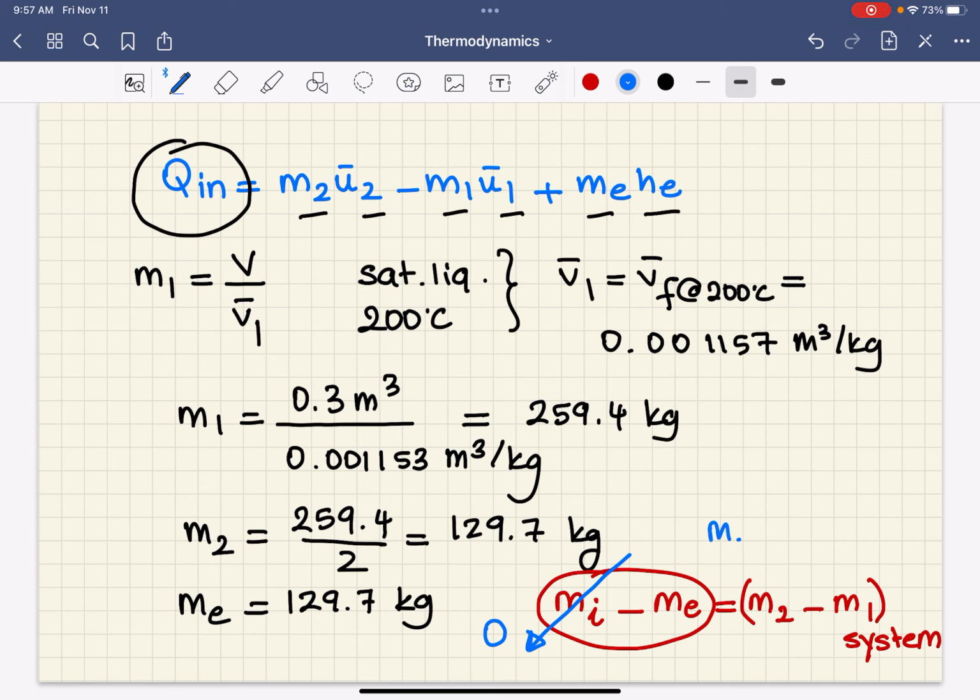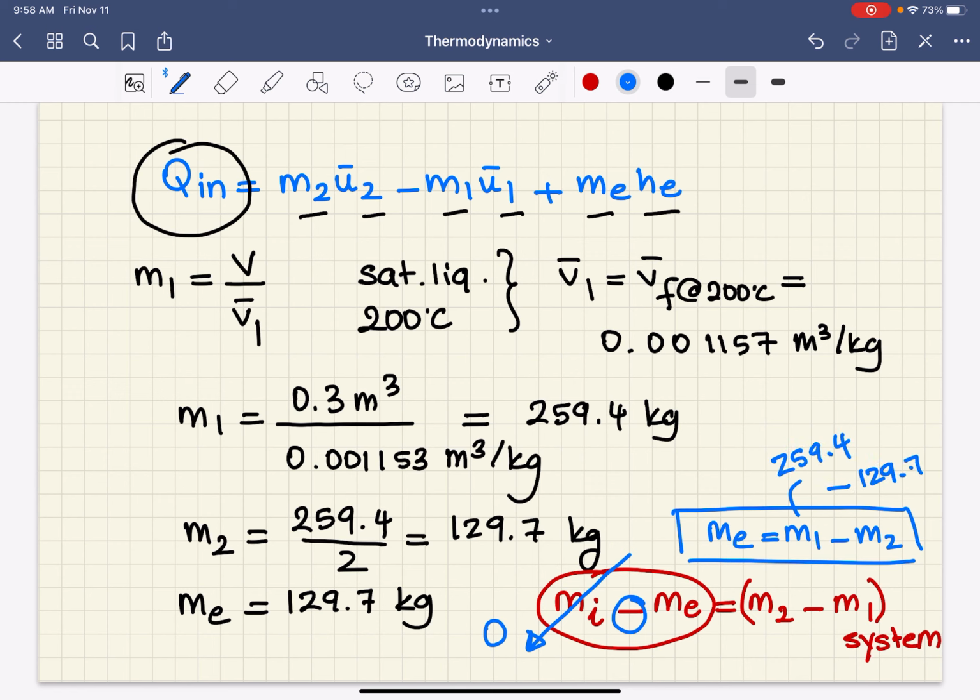So the exit mass is then m1 minus m2. We just rearrange this equation because there was a negative sign. It became that exit mass is equal to m1 minus m2. You can also say this, right? Minus. So that is going to give you the same thing, which is 129.7 kilogram.